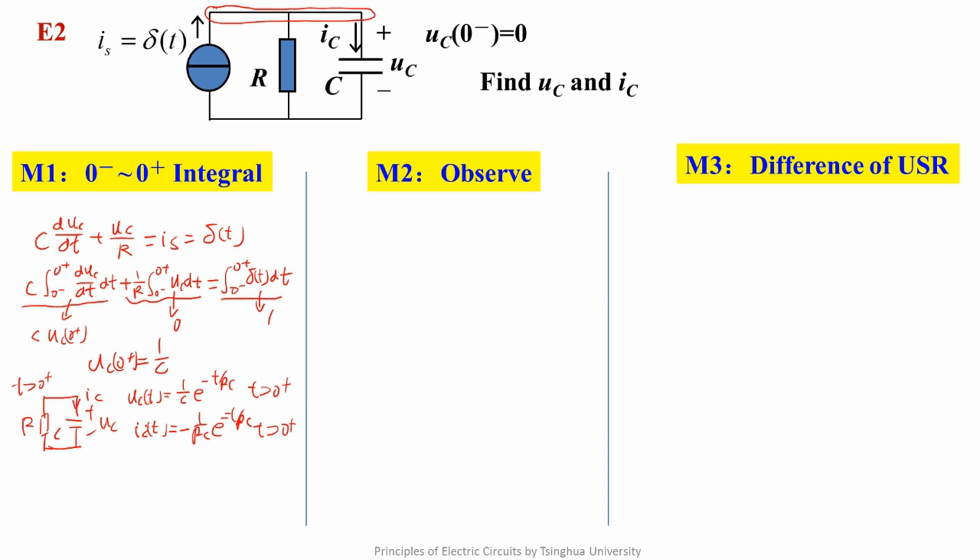In this circuit, these two expressions are correct only when t is greater than 0 plus. When t is from 0 minus to 0 plus, UC changes from 0 to 1 over C. According to the differential relationship between the capacitor's voltage and the current, we know IC equals C times duc over dt equals delta t. So we can draw the waveform of the capacitor's voltage.